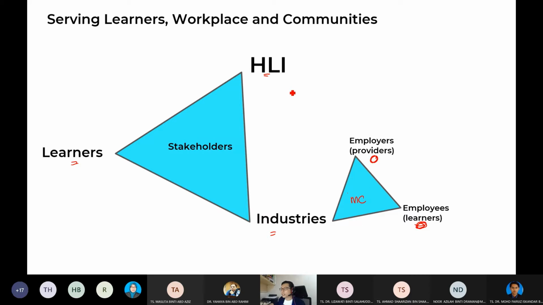The way we can help industries in doing this is maybe by helping in terms of providing here. So this is one way how HLIs can help industries in meeting their requirements of training their workers and stuff like that. So this is a potential way to work with industries.